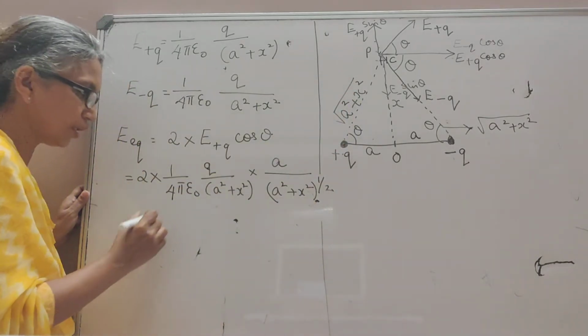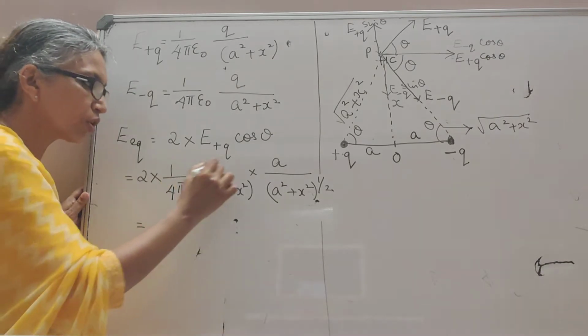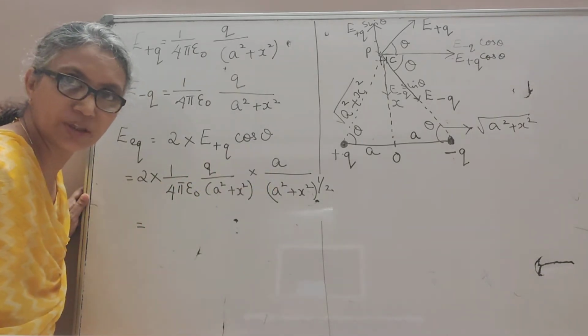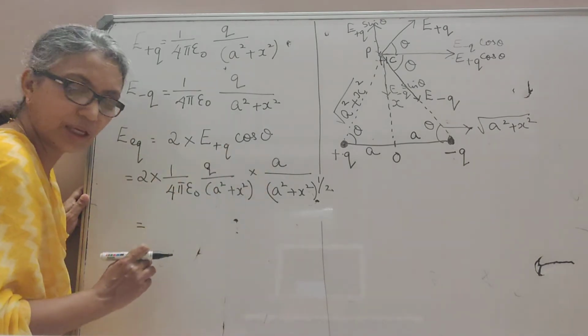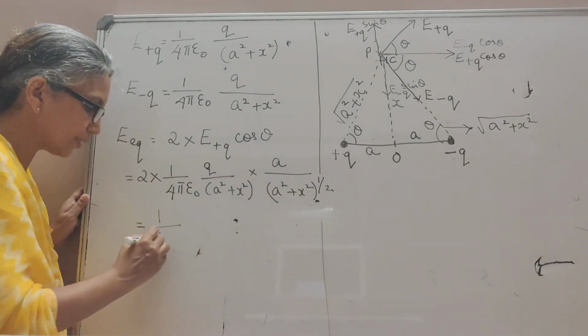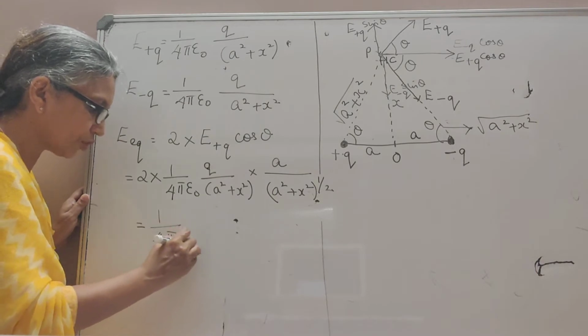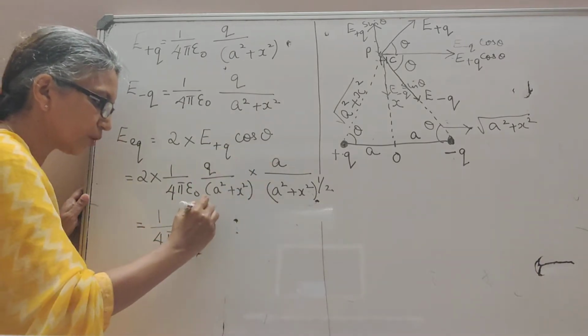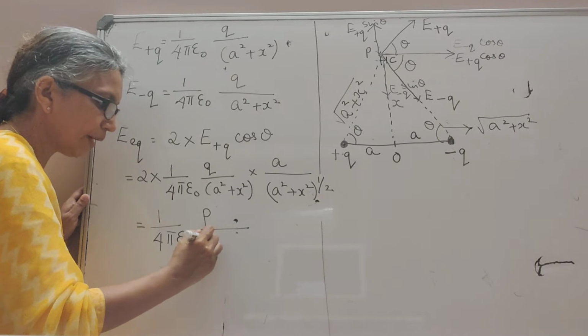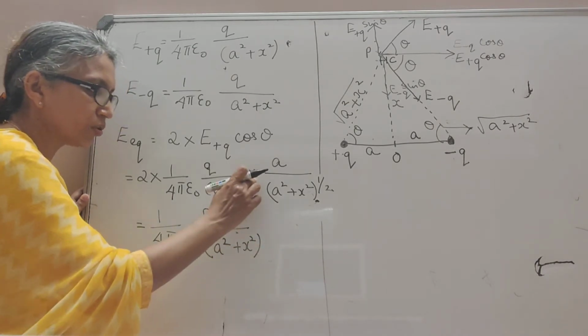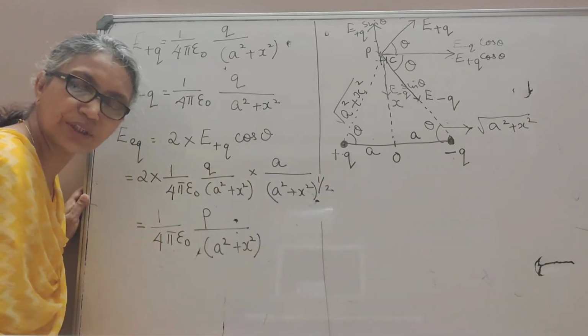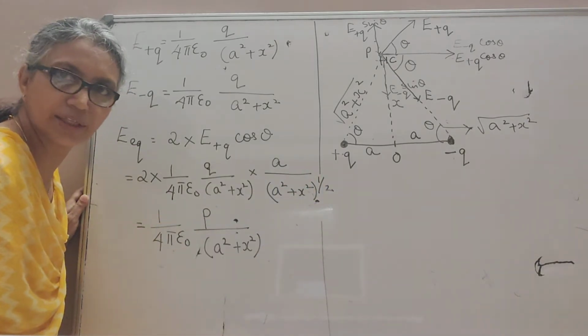Now remember this 2q into A is dipole moment, because what is dipole moment? Any one charge into total distance 2A. So I may replace it as 1 by 4 pi epsilon 0, 2qa is what you have as dipole moment, by A square plus X square the whole raised to, there is a 1 here and a 1 by 2 here, 1.5, which is 3 by 2.